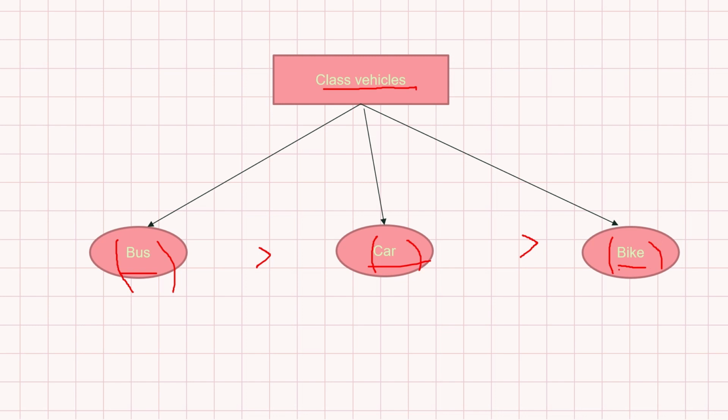So we have a class vehicle in which we carry all the common properties of the bus, car, and bike. That's why we use inheritance, to reuse the code in multiple classes.